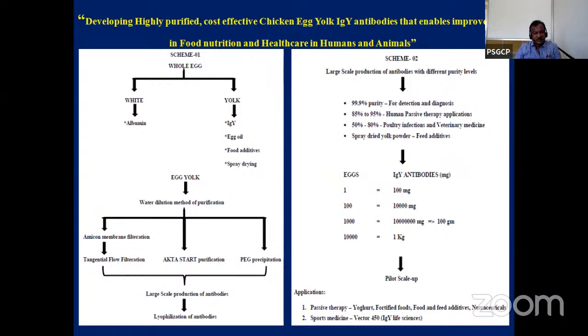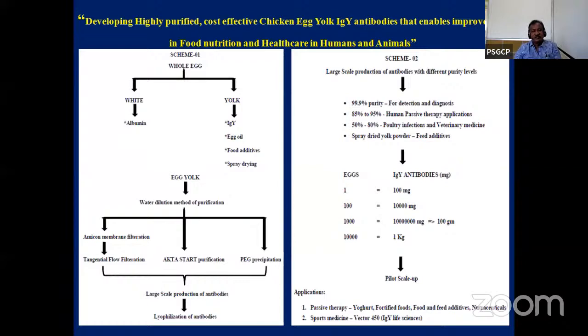The antibodies are a functional food, and they can very easily be used for passive therapy through the oral route instead. When you go for a parenteral route, there is a lot of regulation. One very important thing is regulations. Regulators will not permit anything. It takes about 10 to 15 years.